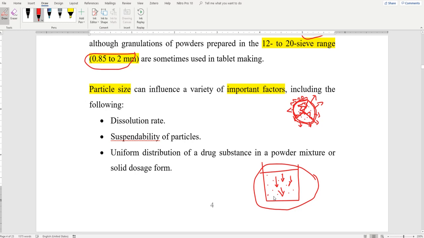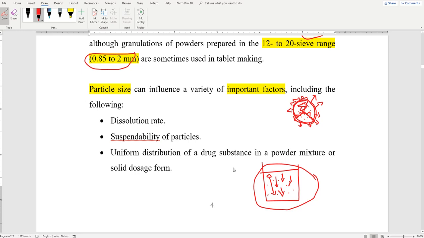Of course, the larger the size, the faster the sedimentation. The sedimentation will be very fast. And this sedimentation is governed by a law, and I want you to search in the books and find this law, which is Stokes' law. There is an equation for the rate of sedimentation.